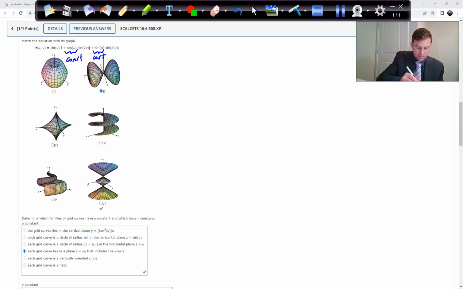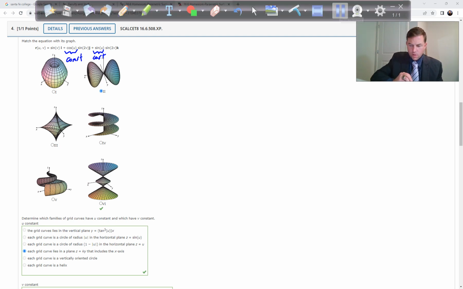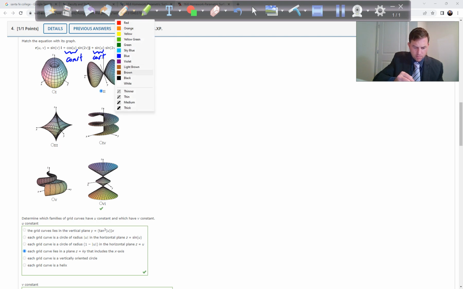So we're going to have these grid curves. Okay, so let me try to draw this. This might be kind of tricky. So the grid curves are lying in the plane z equals ky that includes the x-axis.